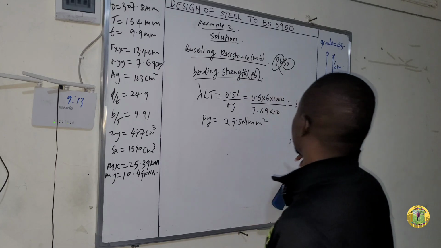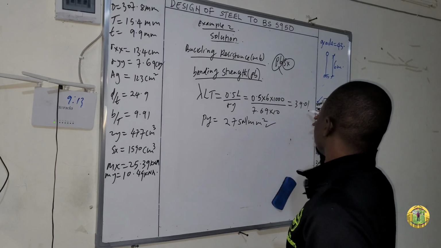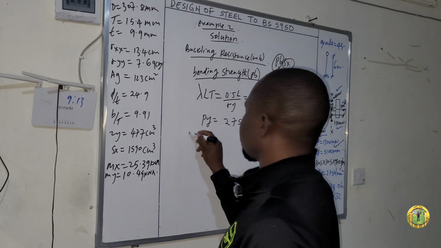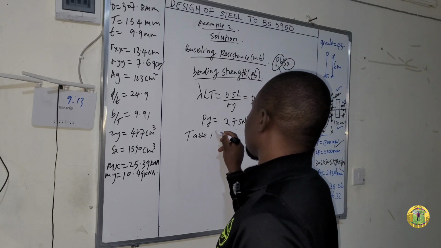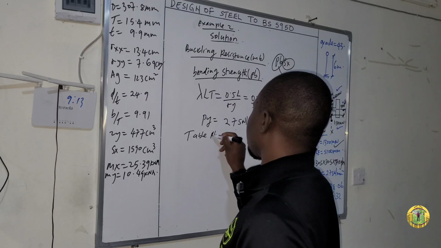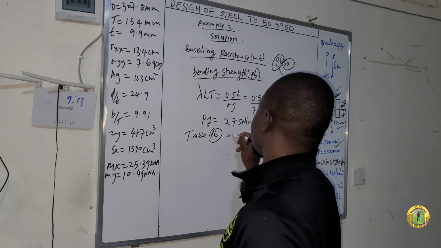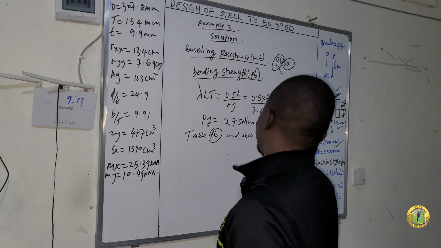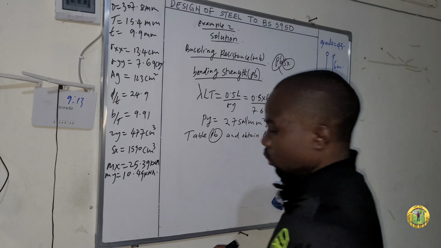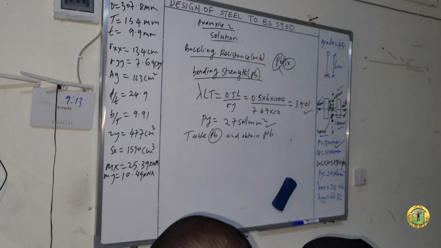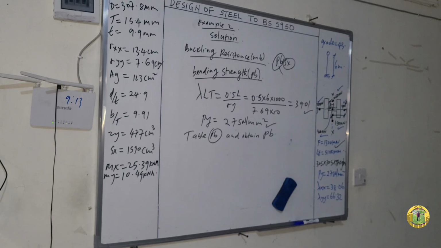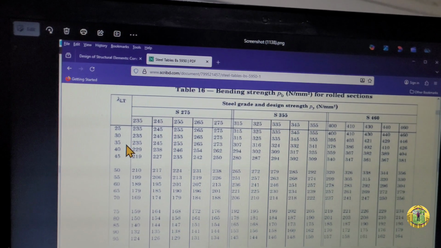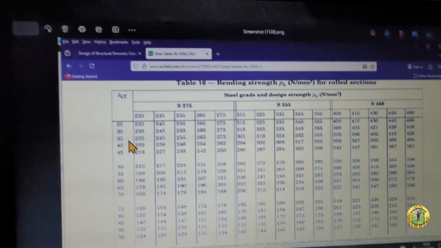So having these two values, we'll proceed to table 16 and obtain PB. So I will show you how to obtain PB from table 16. So this is table 16.